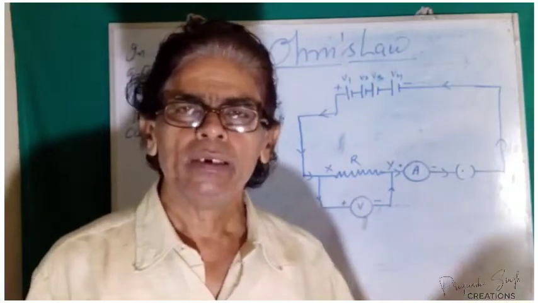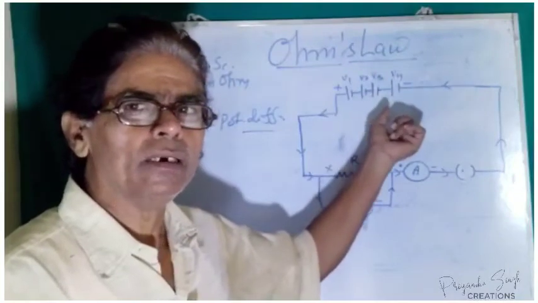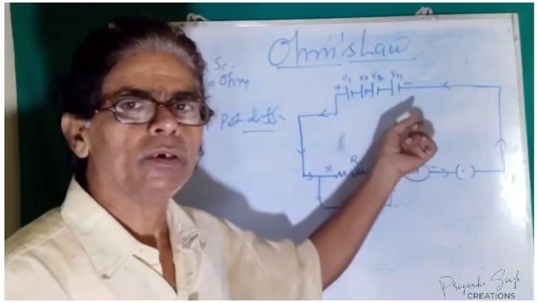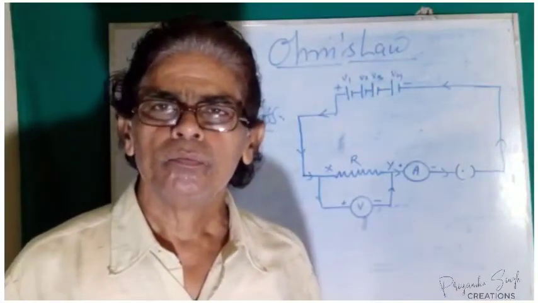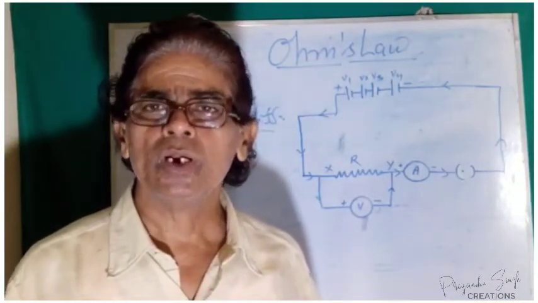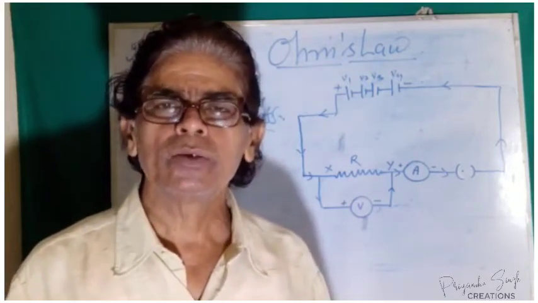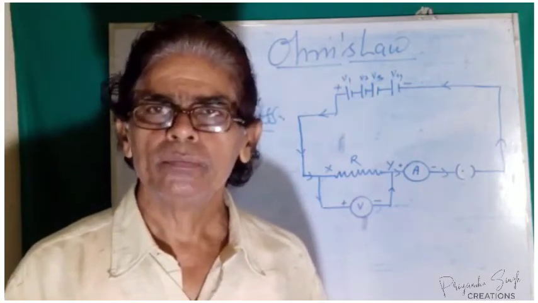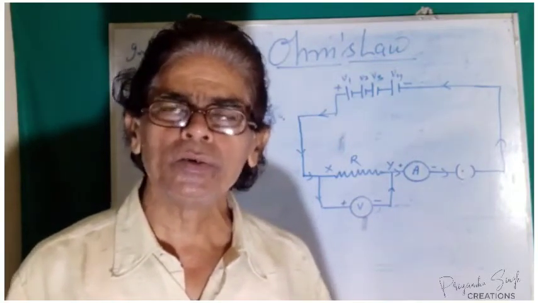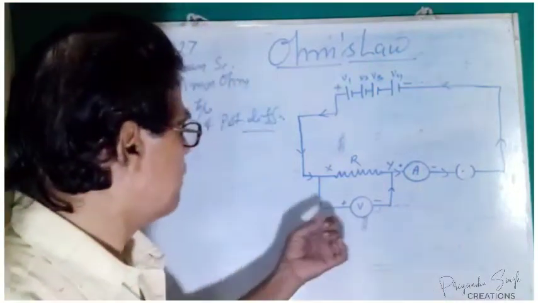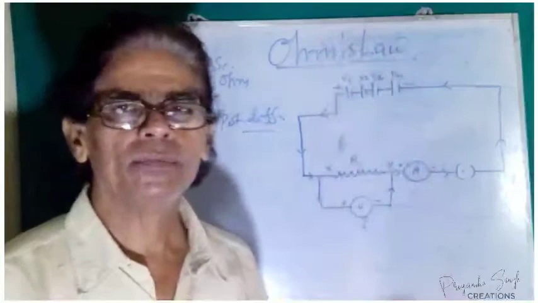In the same way, if three cells are connected in series, we get a potential difference threefold as compared to the first, that is V3, and the current strength corresponding to the potential difference V3 be I3.